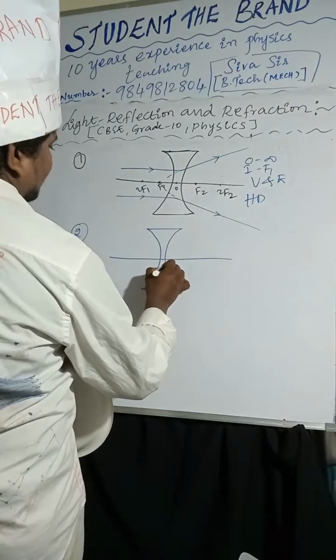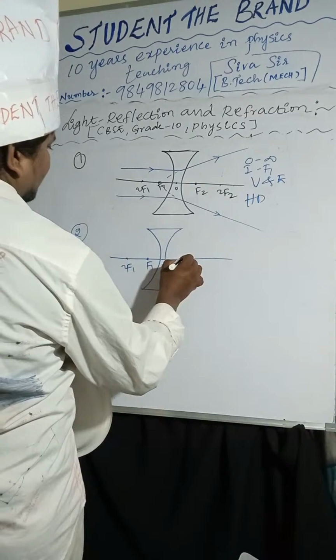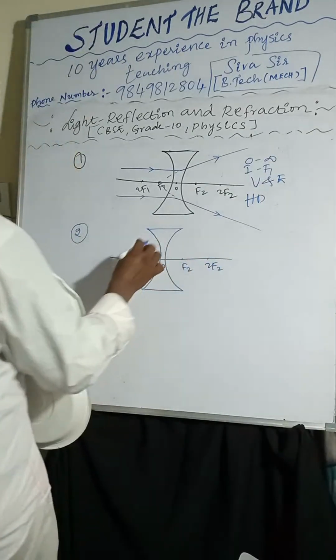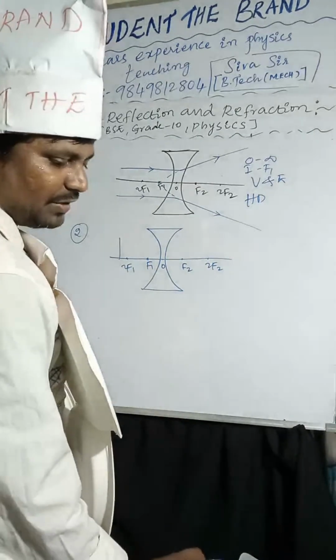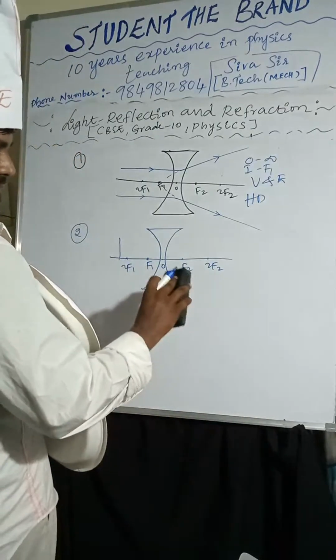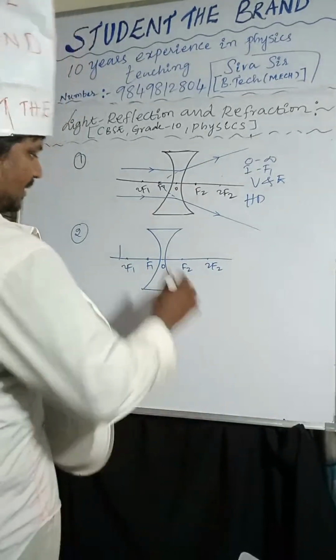Second one: optic center, F1, 2F1, F2, 2F2. The object is placed anywhere between infinity and the optic center. One light ray I am taking like this.